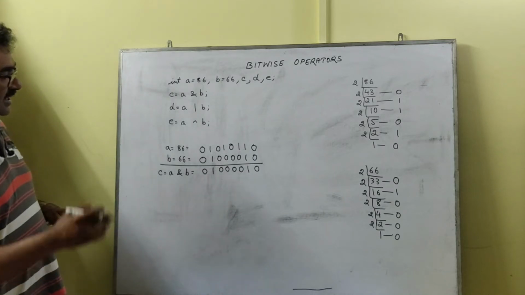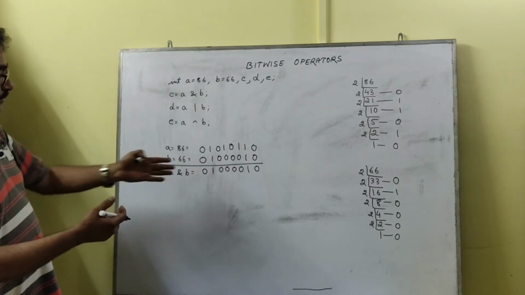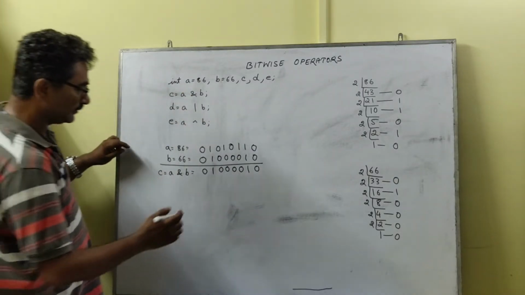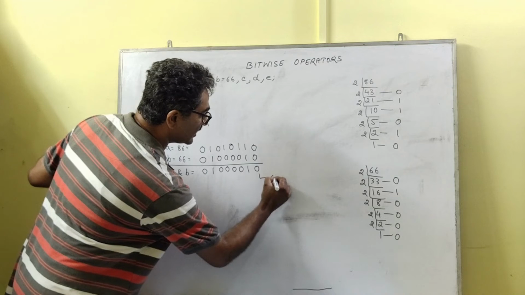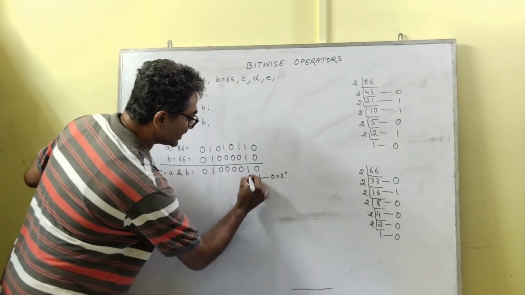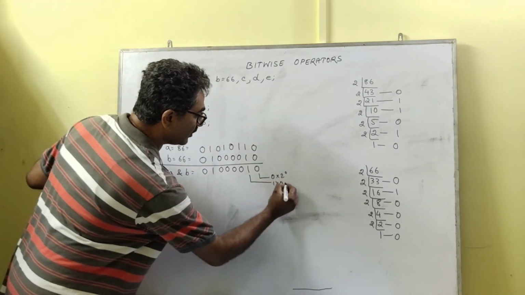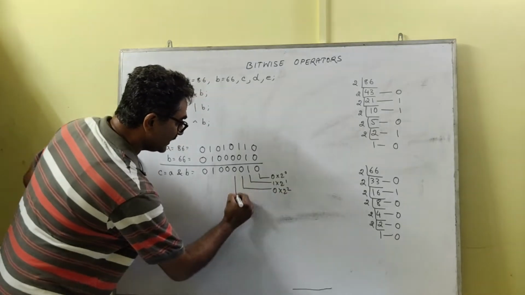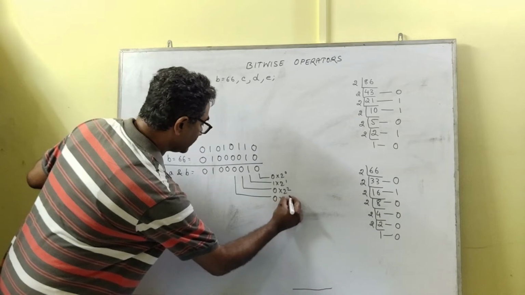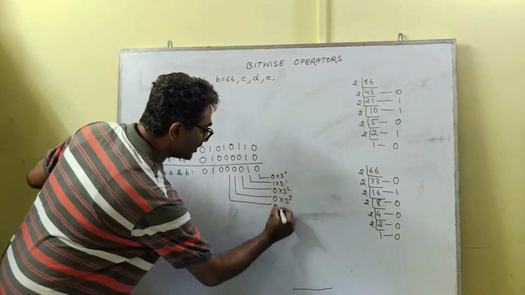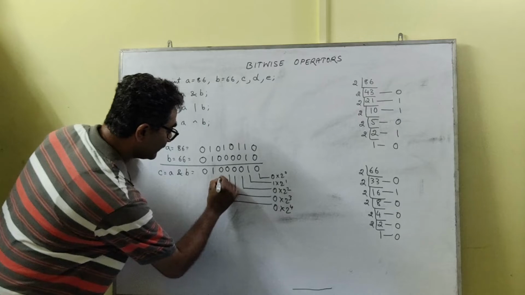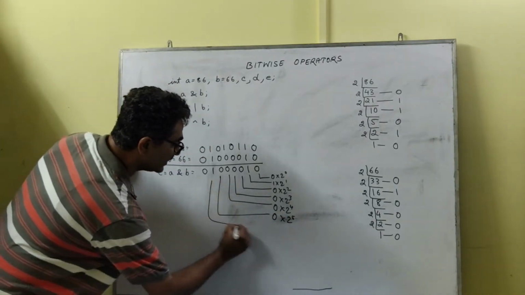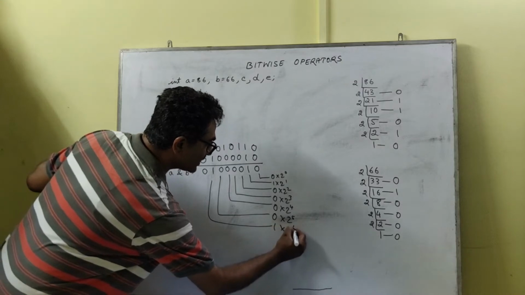Now we go for the decimal representation to understand which decimal number got stored inside the variable C. So this is 0 into 2 to the power 0. This is 1 into 2 to the power 1. This is 0 into 2 to the power 2. This is 0 into 2 to the power 3. 0 into 2 to the power 4. 0 into 2 to the power 5, 1 into 2 to the power 6.